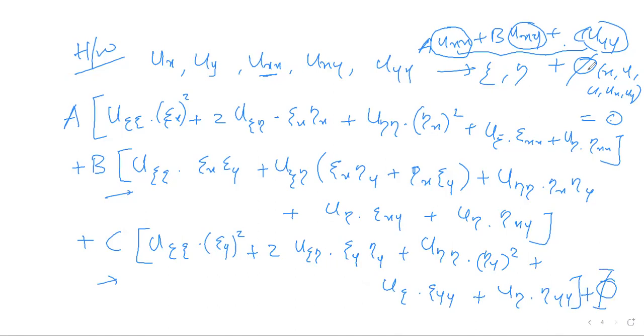This pi has been transformed into zeta, another different one, which is equal to 0. You have to know this pi is dependent on x, y, u, ux, uy. Similarly, this pi is dependent on zeta, eta, u zeta, u eta.